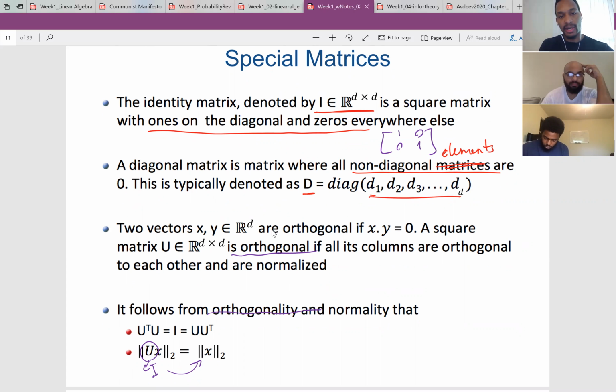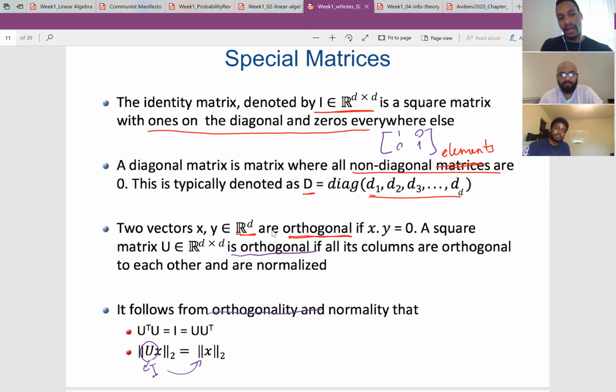Two vectors, x and y, are orthogonal if x times y, or the inner product or the dot product, whatever you want to call it, is equal to 0. So that's the orthogonal definition for vectors in R^d.